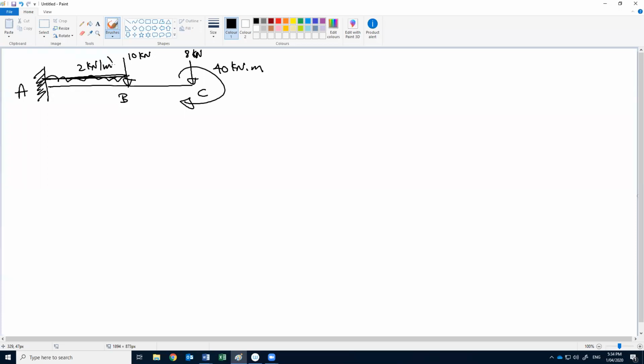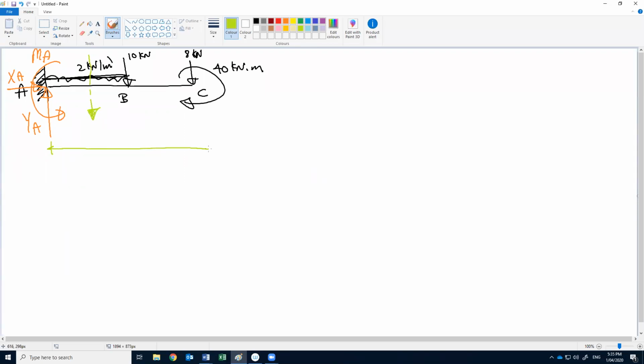Okay, how can we draw the shear force diagram and bending moment diagram for this one? First of all, we need the reactions. Yeah, we have 3 reactions. And we also need to concentrate this uniform load here.